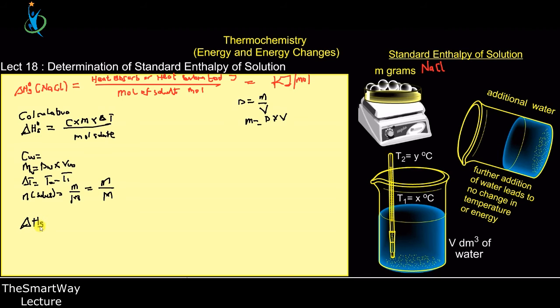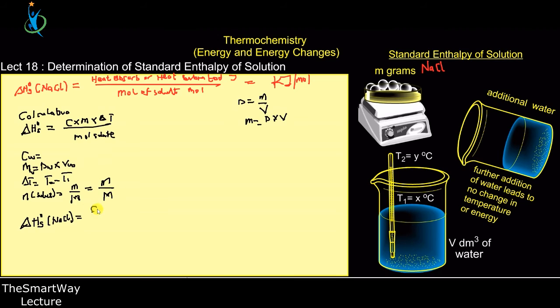So we are determining the standard enthalpy of solution of sodium chloride. The name of the compound is sodium chloride. And so we are going to determine the heat absorbed by the water over the mole of solute. Simple. That's what we are going to use.